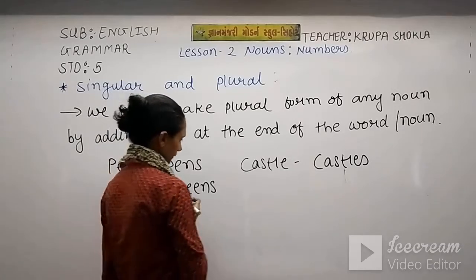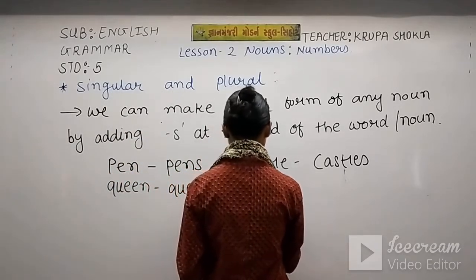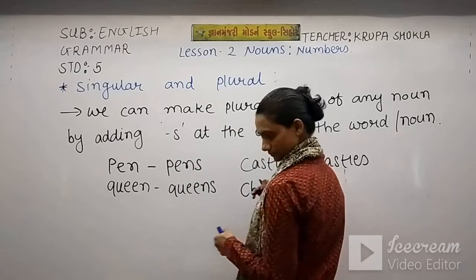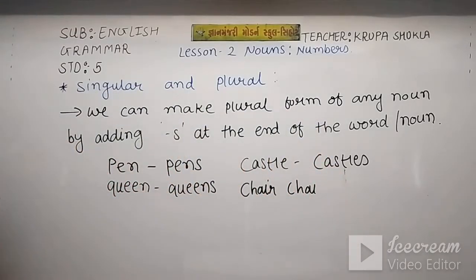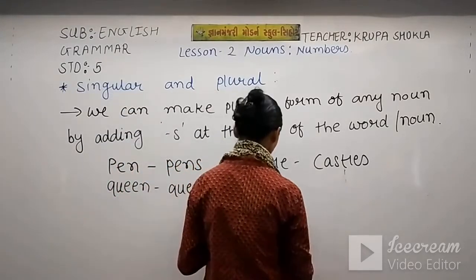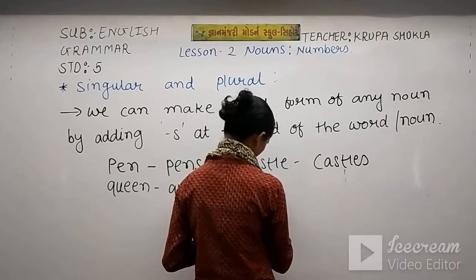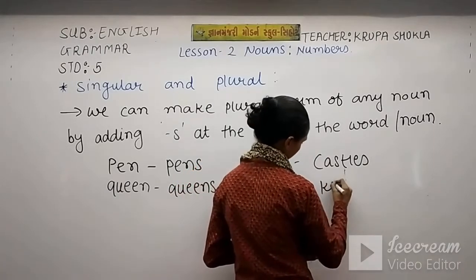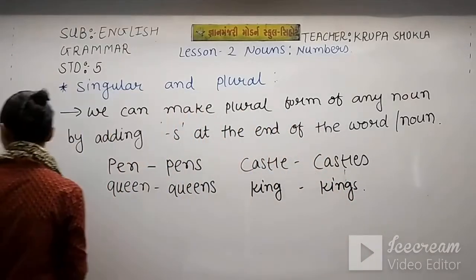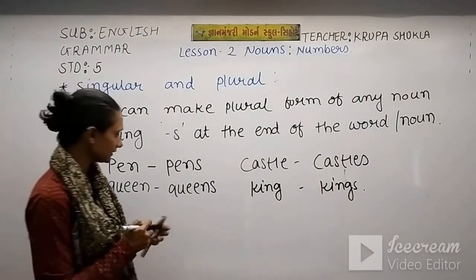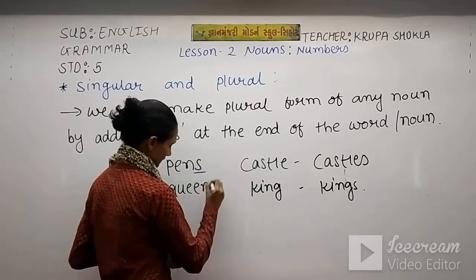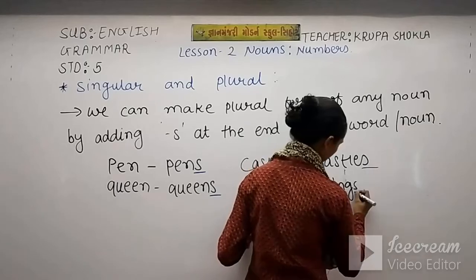After that we have king, and it becomes kings. So let me explain this. See, here we add only s, here also and here and here.